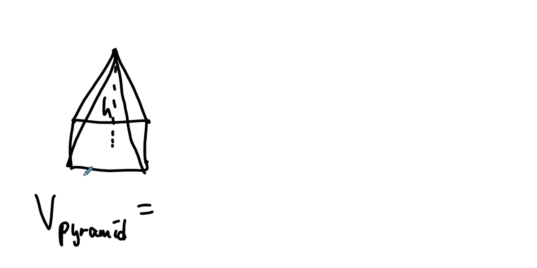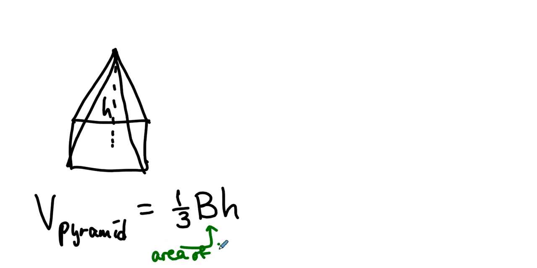When you do that, you will figure out that 3 of these fill a prism with the same shape of base and the same height. 3 pyramids are necessary. Because of that, the volume of a pyramid is 1/3 times the area of the base times the height. Why do we say big B as area of the base?